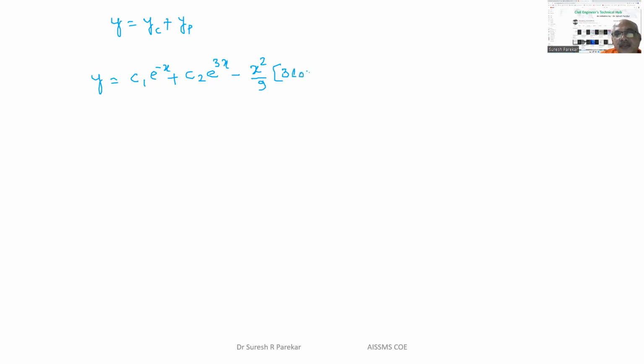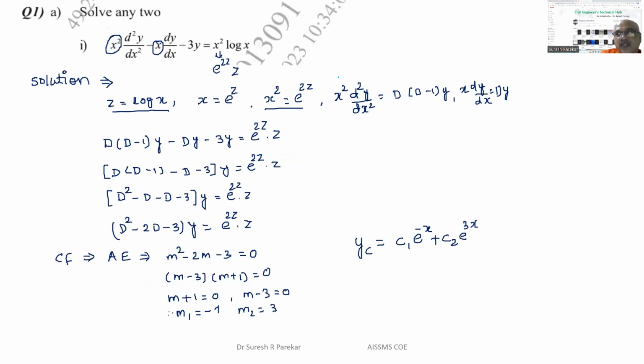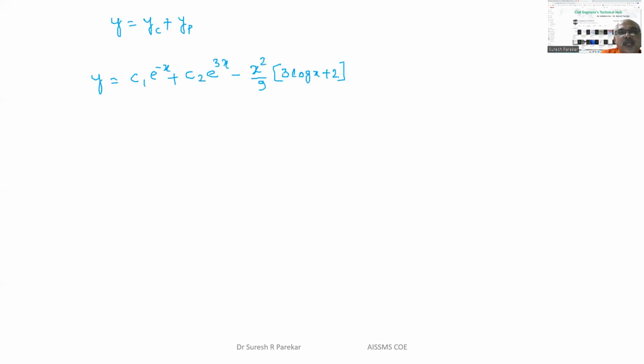So just check it. So x square by 9, 3 log x plus 2. And then we have c1 e raised to minus x plus c2 e raised to 3x. So this is the solution for the first problem.